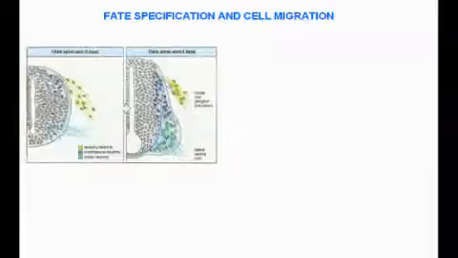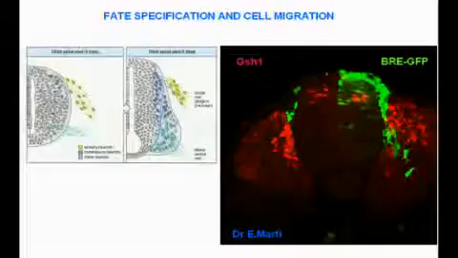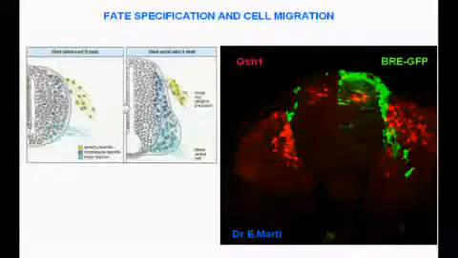I have a nice picture that is a gift from Dr. Martí. This is GFP. Okay, these are somites. The somites, it should be a little bit darker. Half of the neural tube has been transfected with GFP driven by a BMP response element.